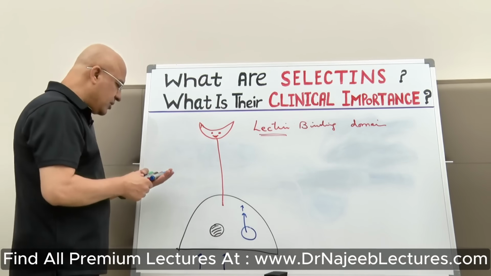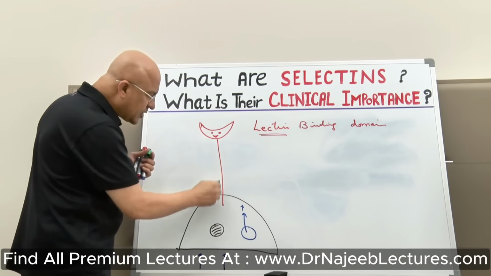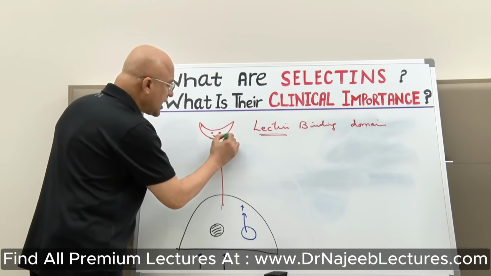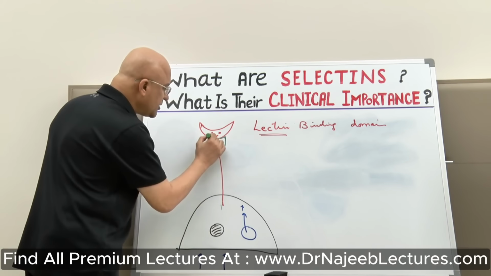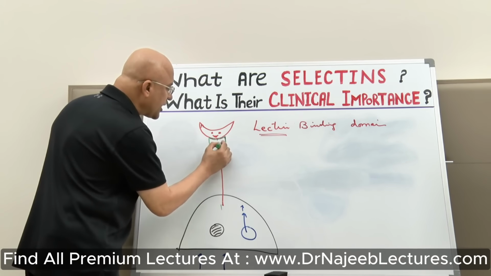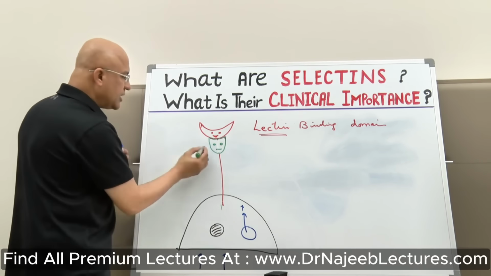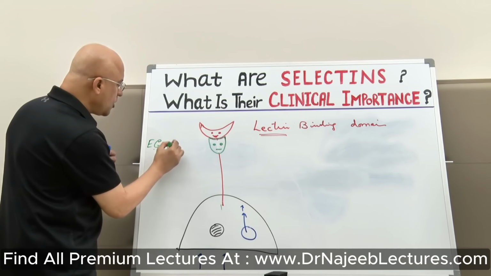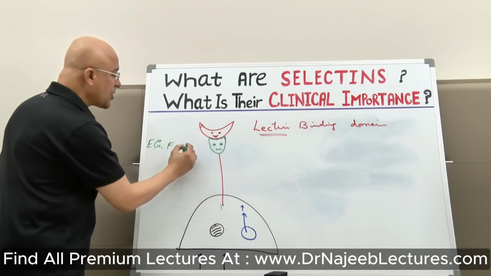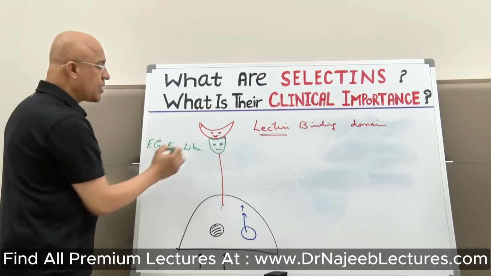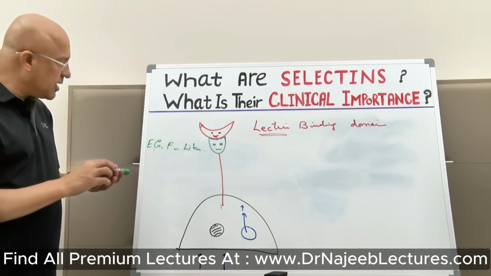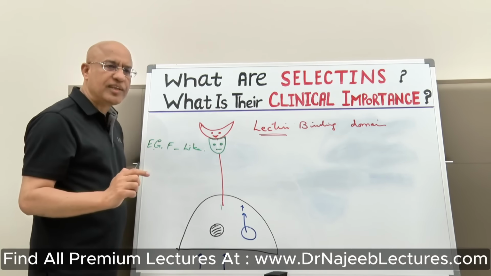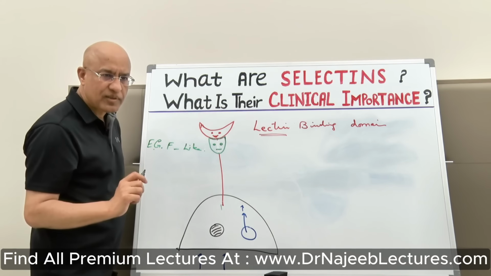Number two, if you study it inward to the cell, then just under the ligand binding domain, there is another domain, and we call it epidermal growth factor like domain. Then under it, there is a short consensus sequence.